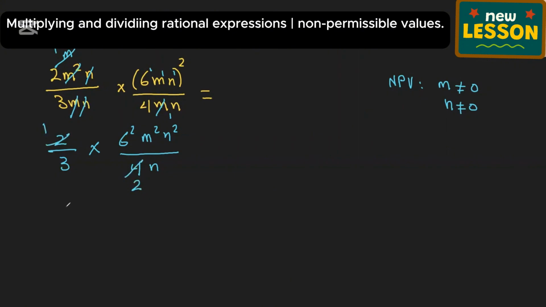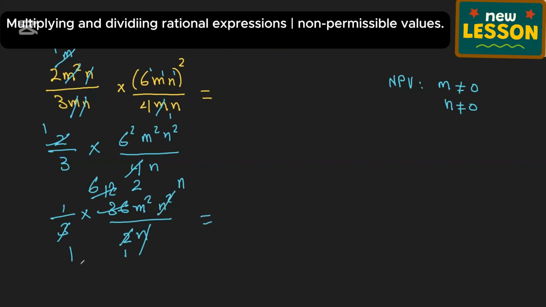And this will give me 1 over 3 times, I'm going to square the 6, that's going to give me 36, and we still have M squared, N squared over N. Now I'm going to reduce everything that I could reduce. I'm sorry, there's a 2N here. So the 3 goes into itself once, it goes into 36 12 times, then the 2 goes into itself once and goes into 12 6 times. This N goes into itself once and goes into N squared N times.